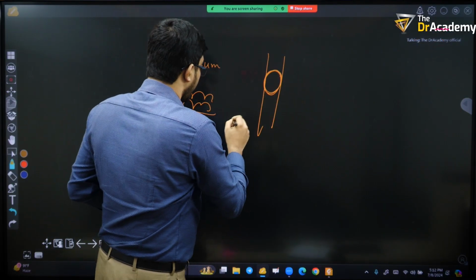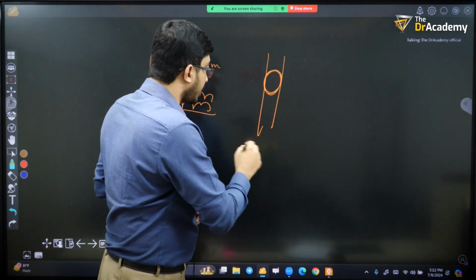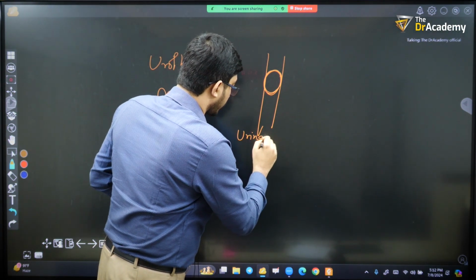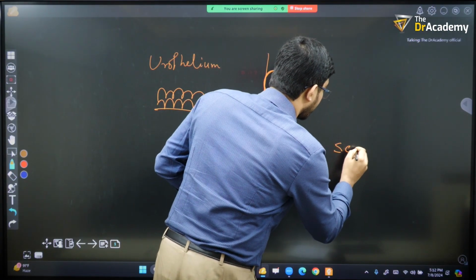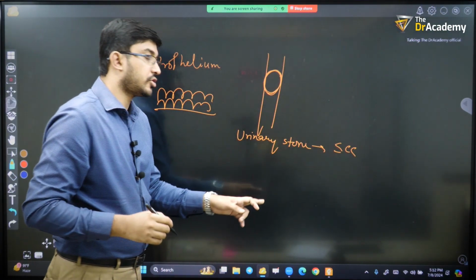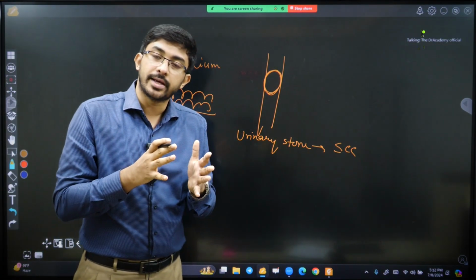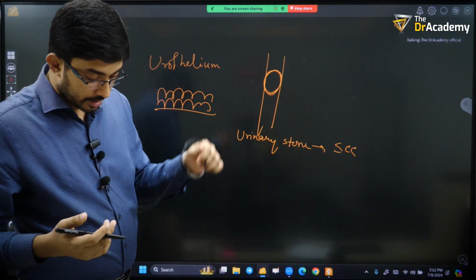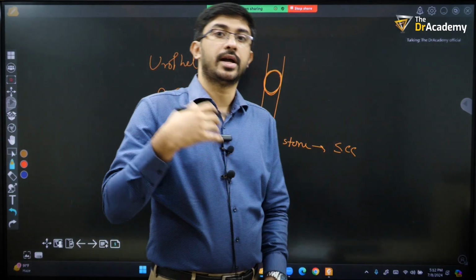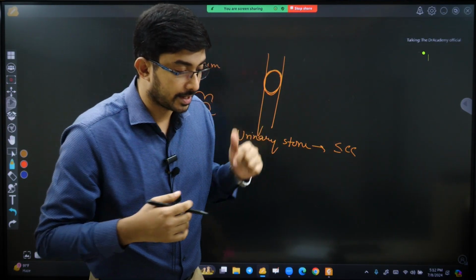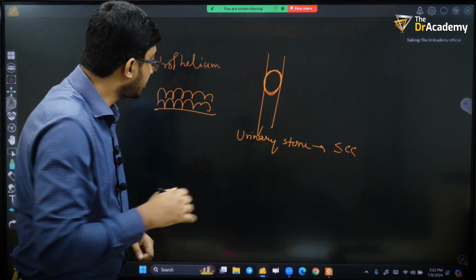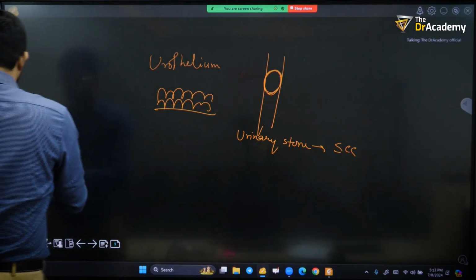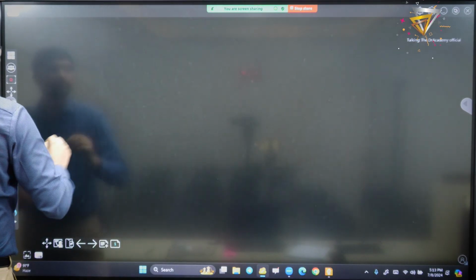So if urinary stone is present, urinary stone causes which type of cancer? Causes squamous cell carcinoma. Urinary stone causes chronic irritation of the urothelium that turns into dysplastic changes after metaplasia, and that leads into malignancy. So which type of stones occur in urinary tract? We have principally 5 types of stone.